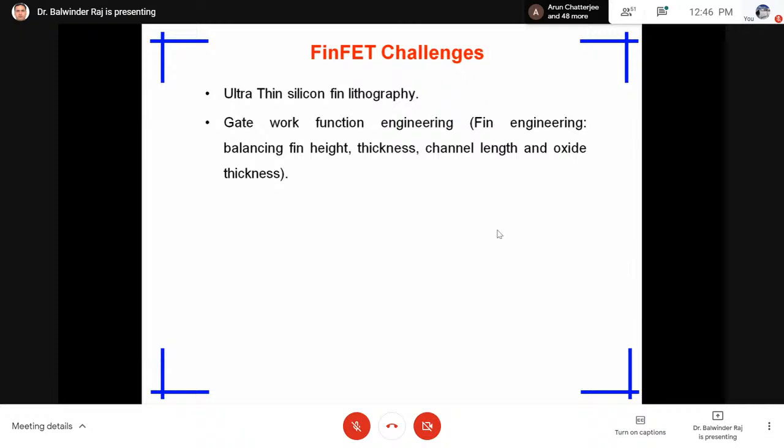channel length. So there is another question: why do we go in steps of technology scaling from 180 nanometer to 90 nanometer, 90 to 45, 45 to 32, 22? We are moving in steps, we are not going in between directly. One thing is related to Moore's law: we have to double the components, so we scale accordingly. The second, more important thing is related to lithography, because lithography is the step in the fabrication that defines my channel length.